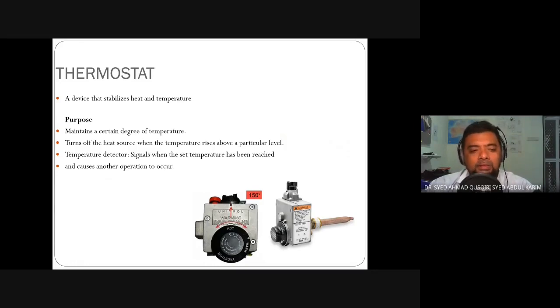It maintains a certain degree of temperature required inside the pipeline and turns off the heat source when the temperature rises above a particular level. It can also send a signal when the set temperature has been reached or cause other operations to occur.